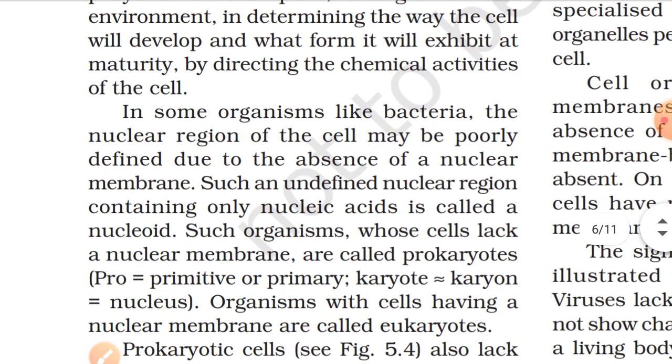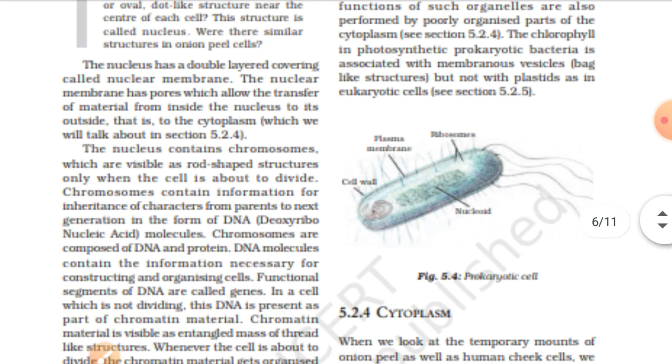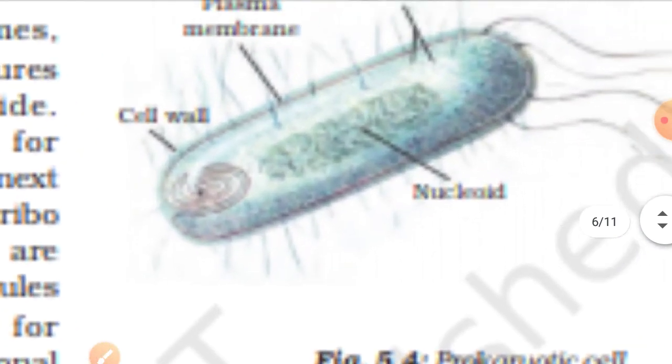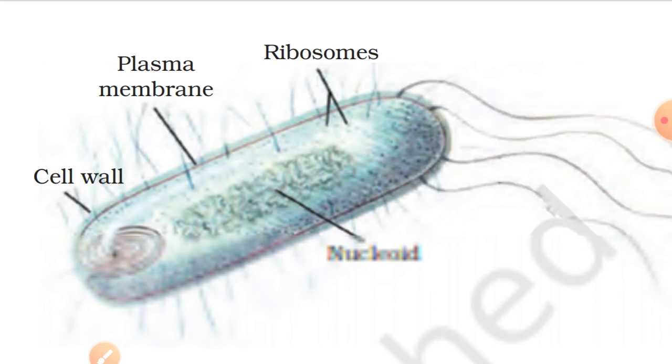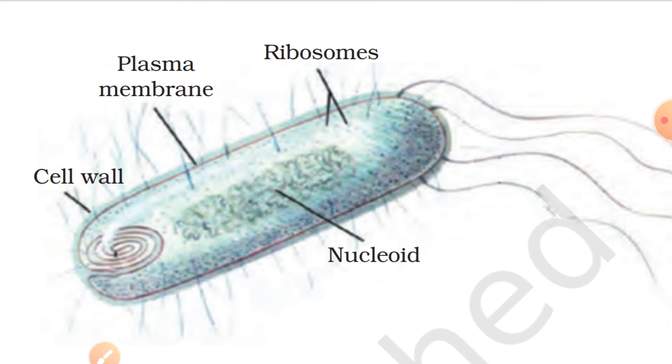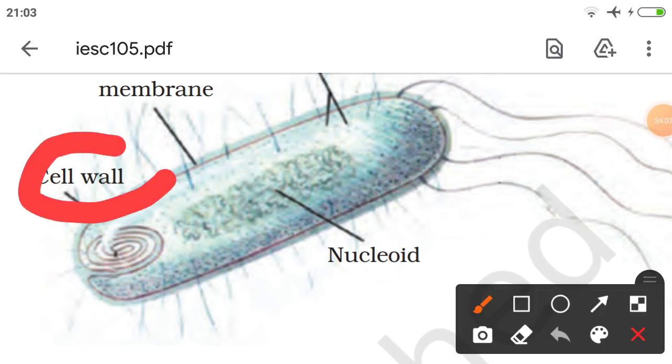In some organisms like bacteria, I am telling you in this diagram only, because if you understand this diagram, you will understand the topic that is covered in this paragraph. So the first thing in this picture is the cell wall.